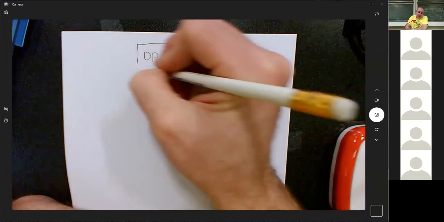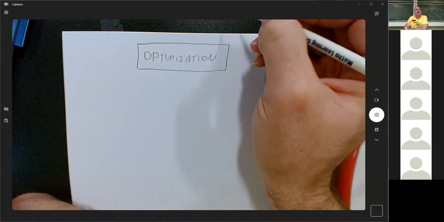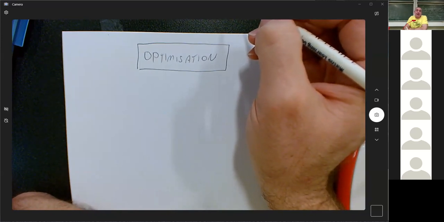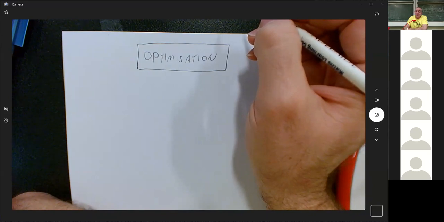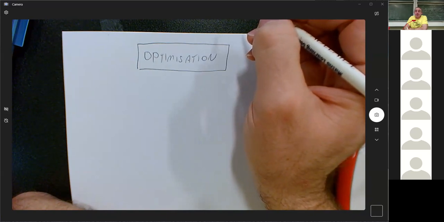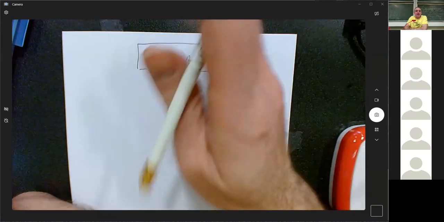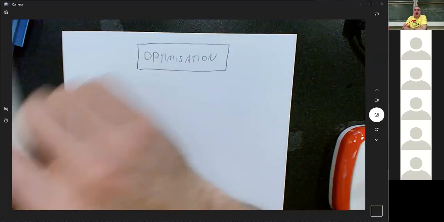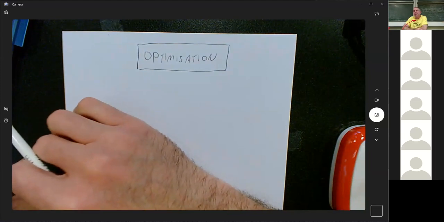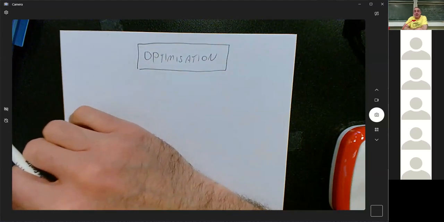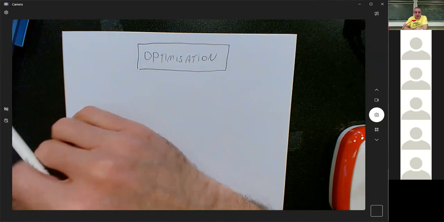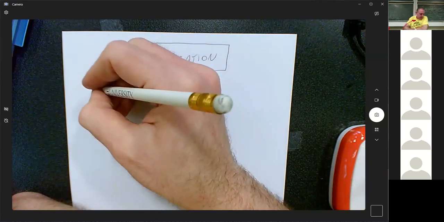I'm going to talk about optimization in the context of multivariable calculus, and it might just be easier to run through an example and maybe pull it back later. But before that I just want to talk a bit about my thoughts on it, and feel free to add anything as you go.